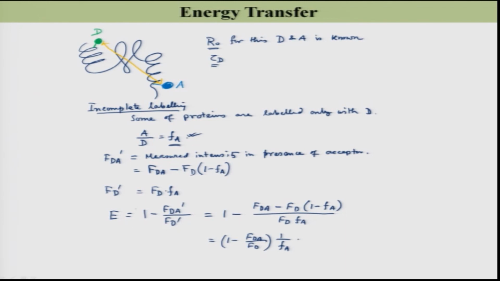If you measure this efficiency just by F D A by F D, then that will be a wrong answer, right. So, you need to multiply with this factor 1 over F A in this case, right.